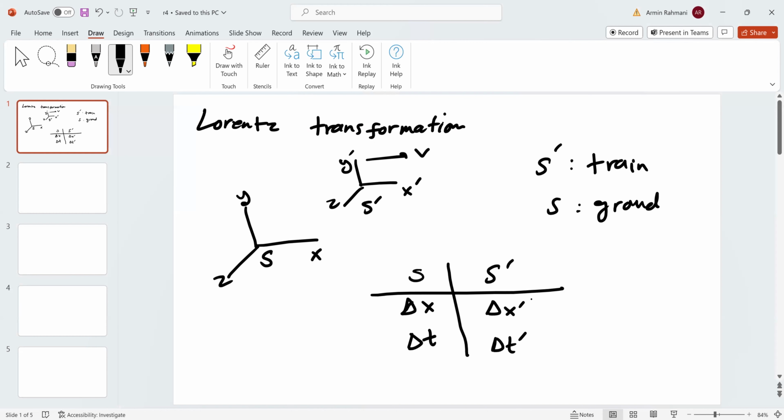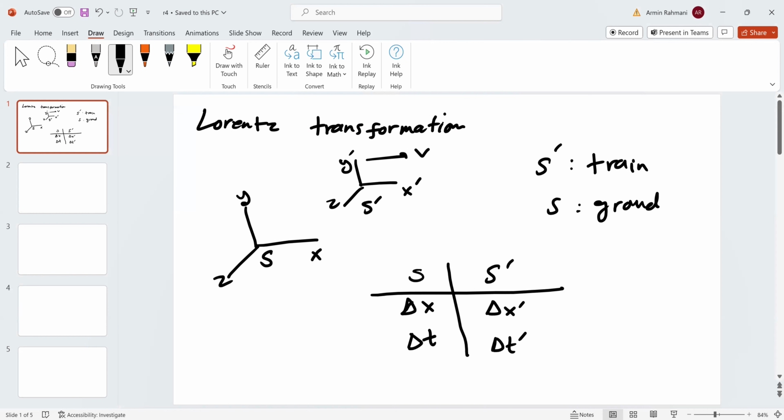Lorentz transformation essentially gives us a relationship between these. And as you can imagine, the fundamental effects that we talked about should all be encoded in these Lorentz transformations.